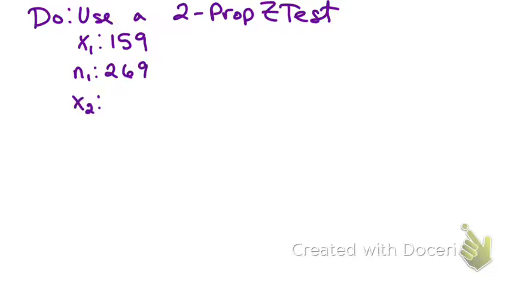X2 is the number of successes in our second population, which we calculated when we did N2 p hat 2. And what was that? 124. And our N2, 401. And then you're going to see how P1 relates to P2. That's based on your alternative hypothesis.